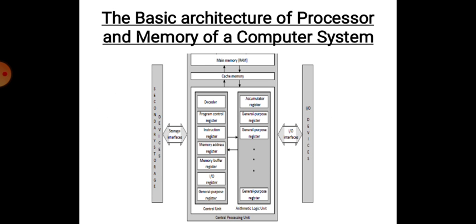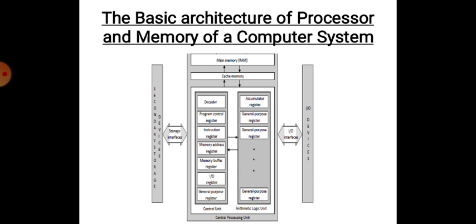Now students, this is the basic architecture of the processor and memory of a computer system. In this diagram, you find 3 rectangles: one main rectangle which is big, in the central location, and 2 vertical rectangles towards the left and right of the main rectangle.